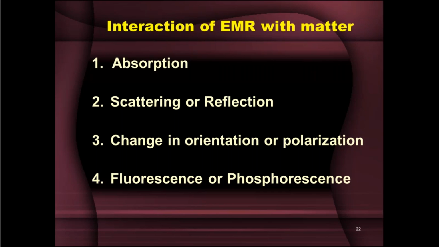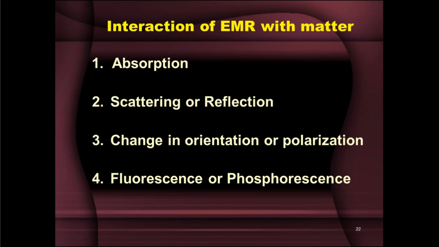So, when electromagnetic radiation falls on matter, what type of interactions take place? First possible phenomenon is the electromagnetic radiation may be absorbed by matter. So it results in absorption of electromagnetic radiation.